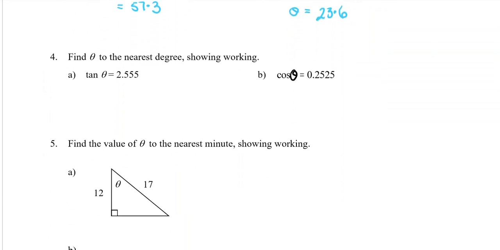Question 4. Again, finding theta to the nearest degree. If I want the theta by itself, I have to move the tan across so that I'm doing inverse tan of 2.5. All right, type it in. Actually, what do you get?